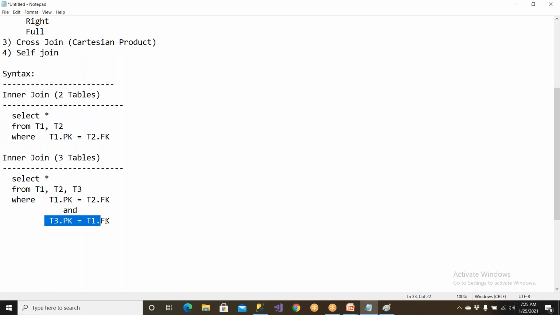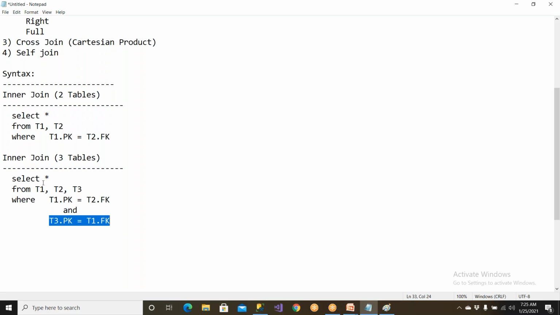That is how you will come to know when you see the condition. Which table and which table is joined, you will come to know very clearly by seeing these expressions. These are called joining predicates, joining conditions, join expressions. Whatever you wanted to call them, you can call them. So this is how you should be able to join the tables.